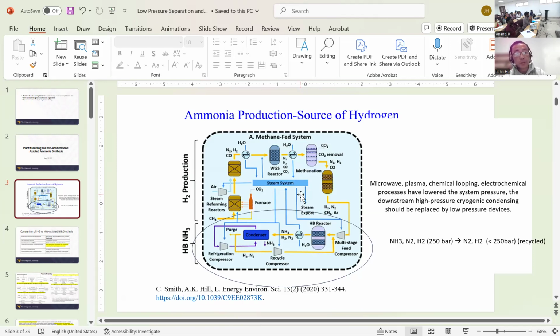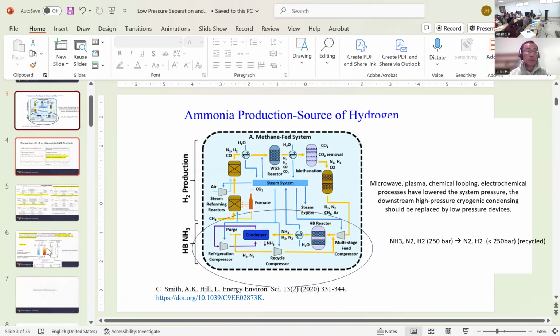But in modern ammonia plant operation, because air separation is actually very expensive, you may not need the air separation unit. So there's a trick you can play.